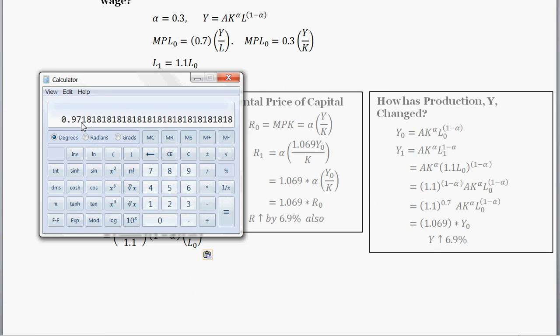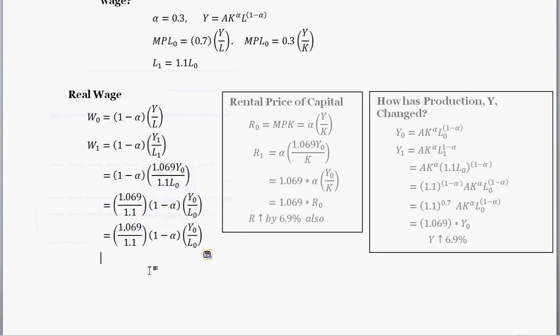It's 0.971, or let's just say 0.97. And then what's 1 minus that? So that's 2.8%. So real wages are 0.97 of initial wages. So that reflects wages have gone down by about 2.9%.